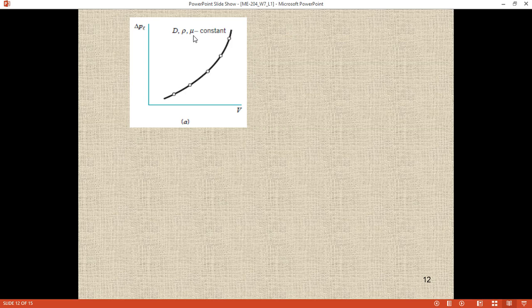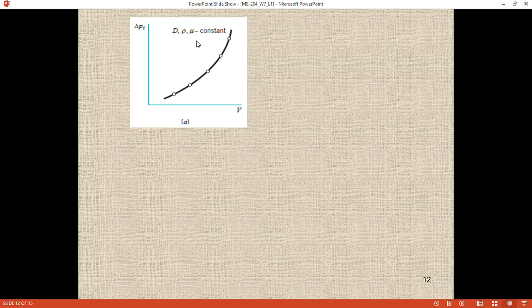Here you can see the velocity is varying, and the density and the viscosity are constant. Only the velocity is varying, so you can understand. Velocity is 1 meter per second, 2 meters per second, 3 meters per second, 5 meters per second, and everything else is constant. You can understand how much time this one data set will take.